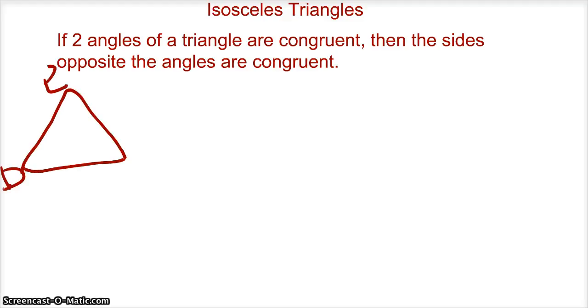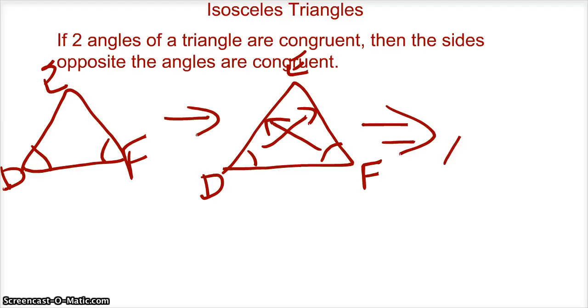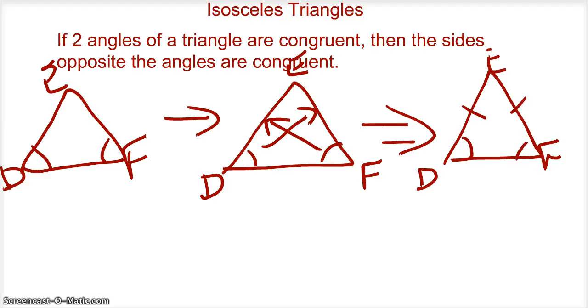D, E, F. This angle and this angle, they told you are congruent. Then the sides across from them are also congruent.